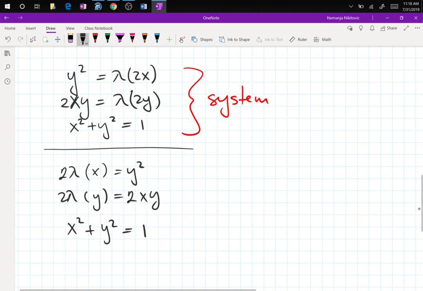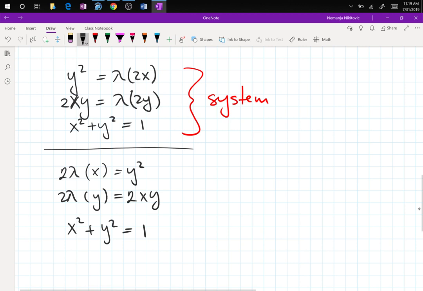So clearly, those x and y with lambdas need to be divided so we can get rid of them. But remember, we are not supposed to do that. So in this case, if there is no way around it, you have to check if zeros are possible solutions.